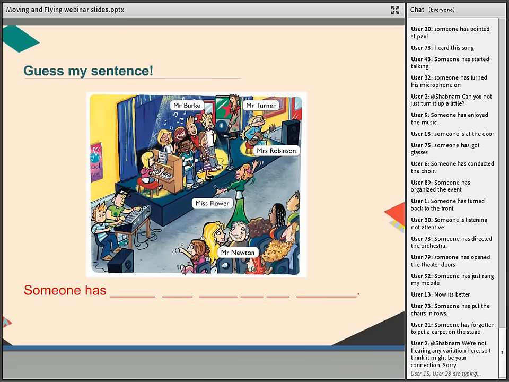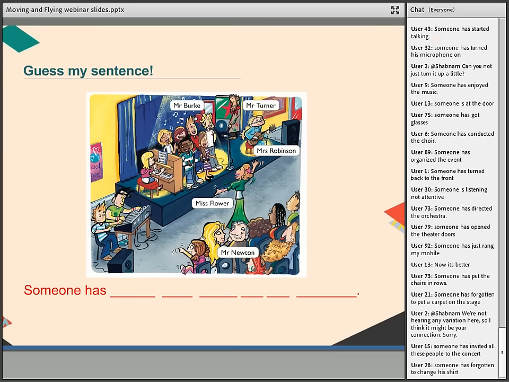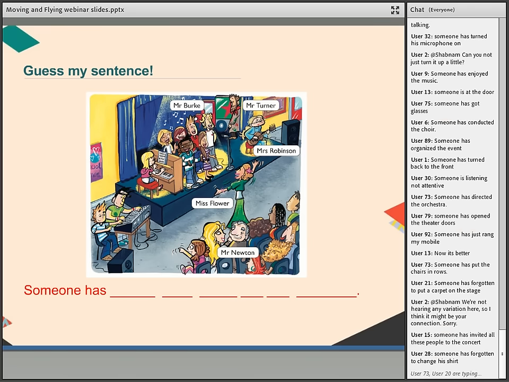Can you guess my sentence? Okay, so I've got a sentence with someone has, and then I've got 1, 2, 3, 4, 5, 6 words following that sentence start.